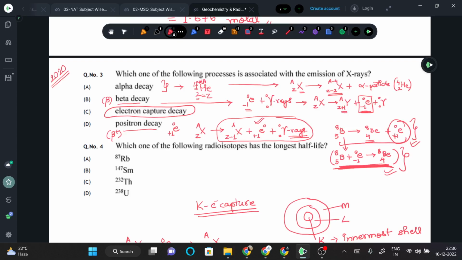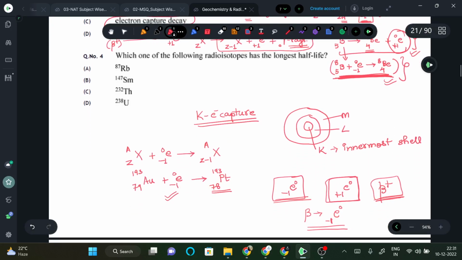So where do we see X-rays? Where do we see X-rays? Sir, maybe in electron capture. Yes, exactly.